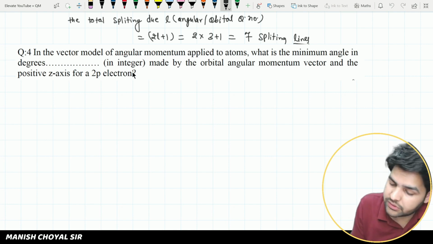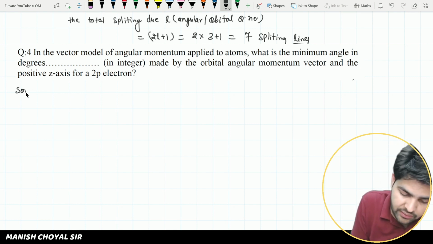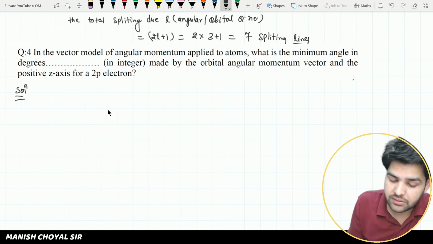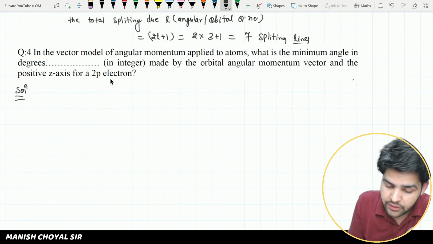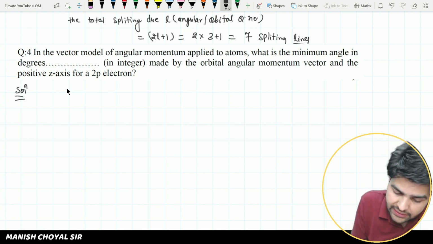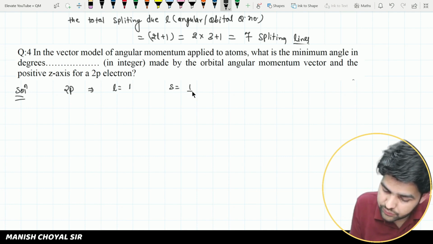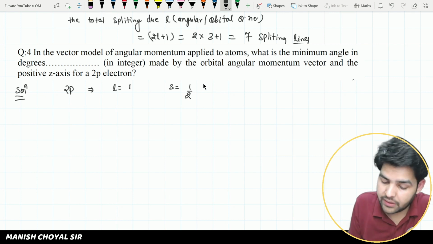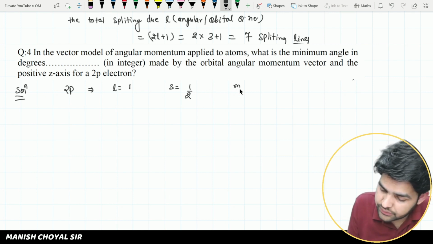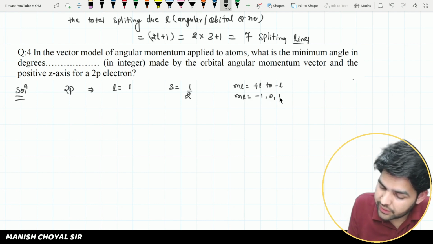Okay, there is nothing tricky in this question, it is a standard problem we have, a direct question. So for the 2p electron, the possible L value is 1, S equals 1 upon 2, and the corresponding ML values are minus L to plus L. So ML is minus 1, 0 and 1.